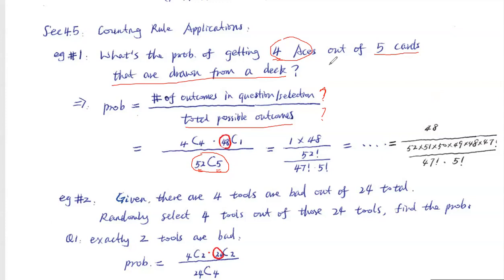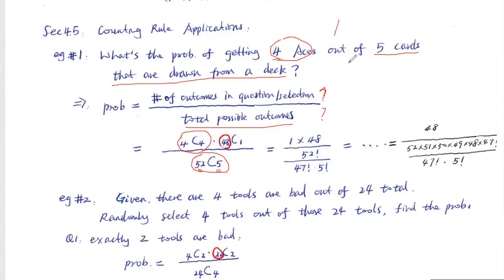How many possible choices do we have? How many A do we have in a regular deck? 4. We only have altogether 4. So it's like you want to select the 4 out of a total 4. That's the case, we got 4A here.